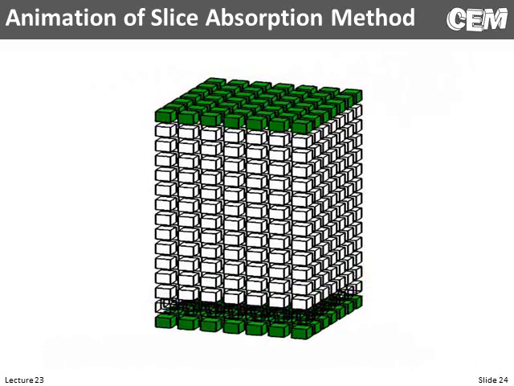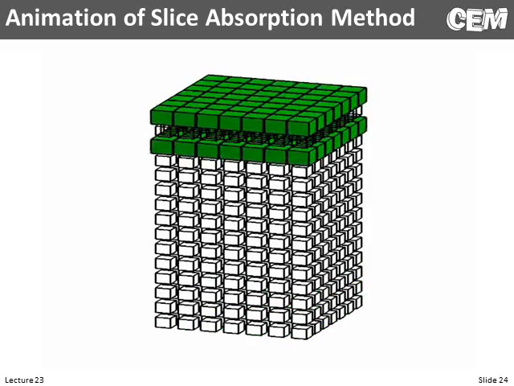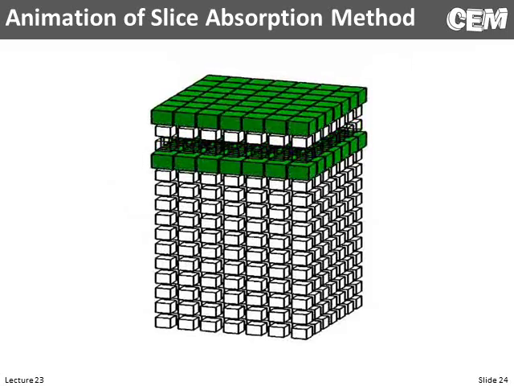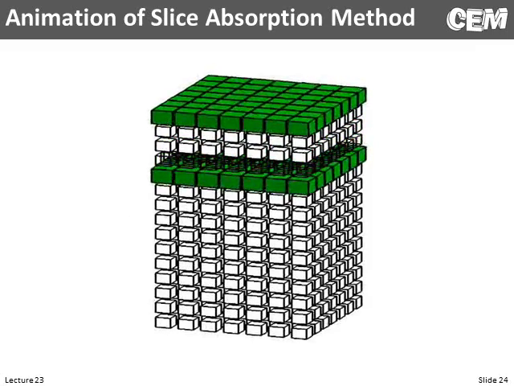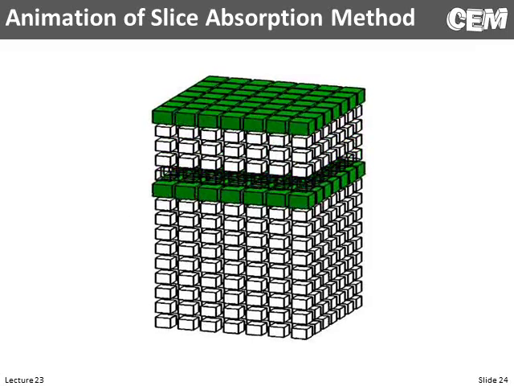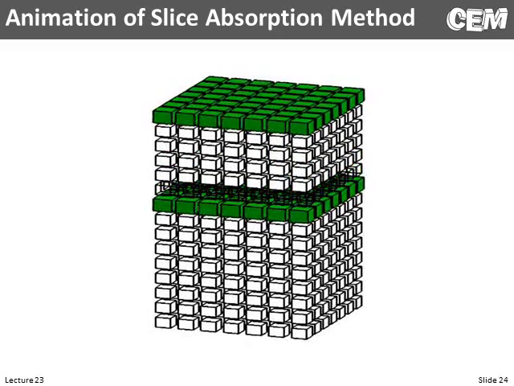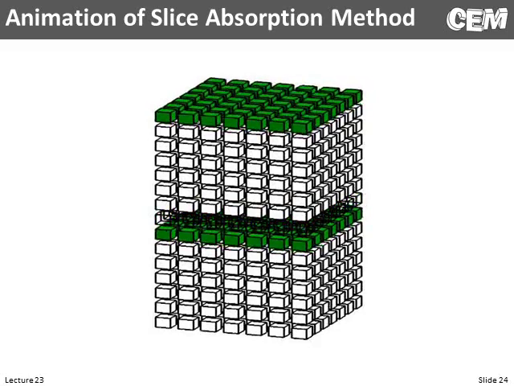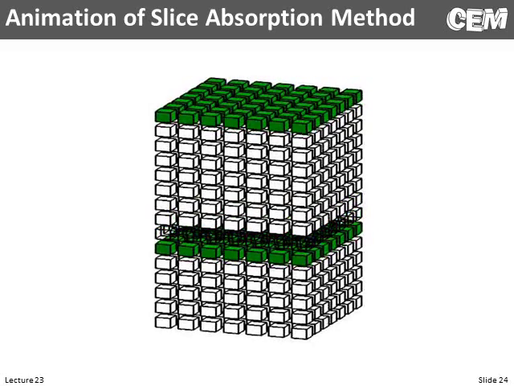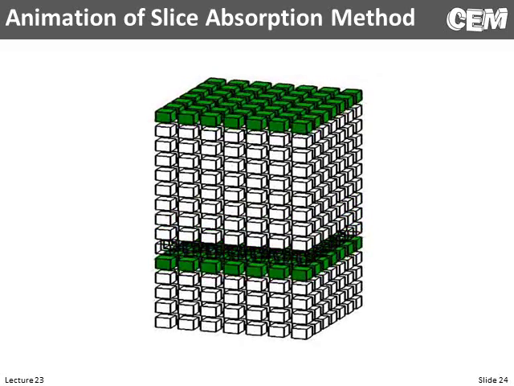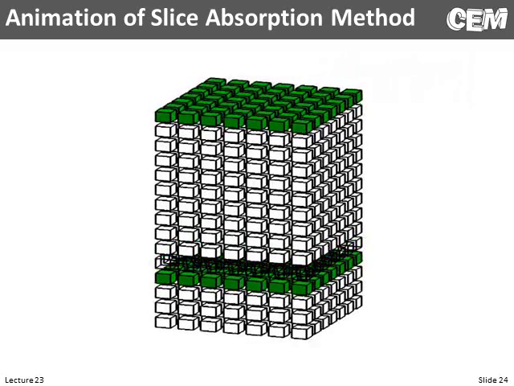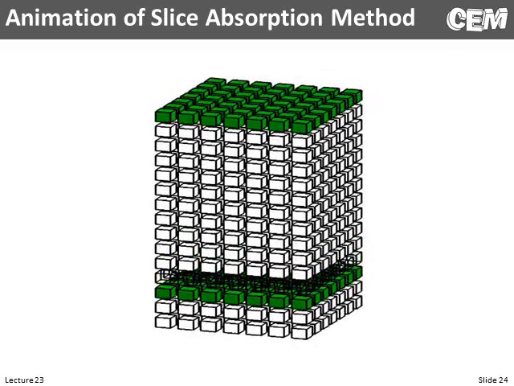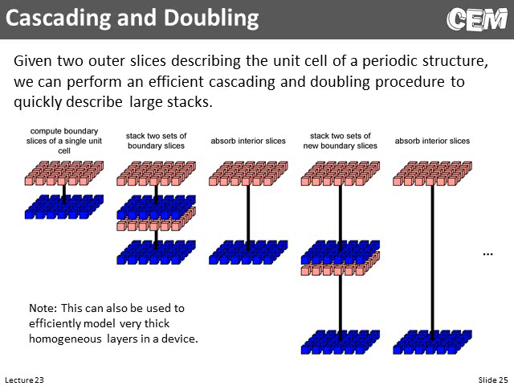So we just work through a stack of slices this way, and in a way it's similar to what we did with scattering matrices. But here we have to have more than one slice in memory to do the absorption, whereas scattering matrices, we could calculate scattering matrices just for a single layer. Although we still needed the second layer to update scattering matrices.